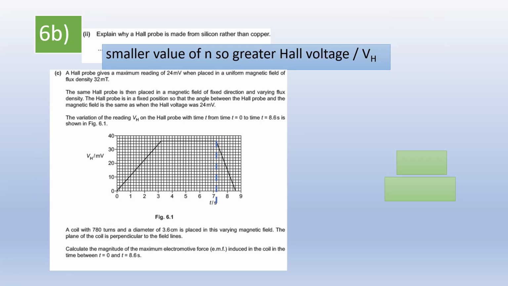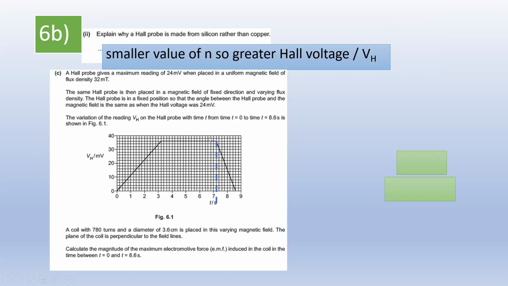1.4 seconds. Basically I have to find the magnetic field first. So we want the maximum here. Remember, magnetic field is proportional to Hall voltage. So Hall voltage is actually a measure of magnetic field.